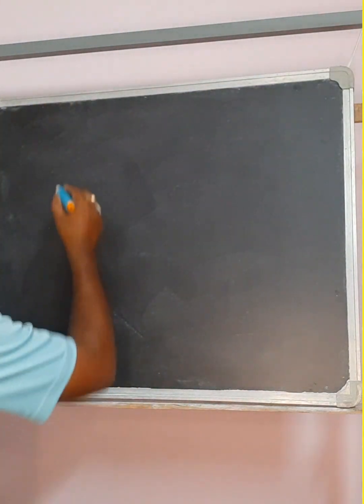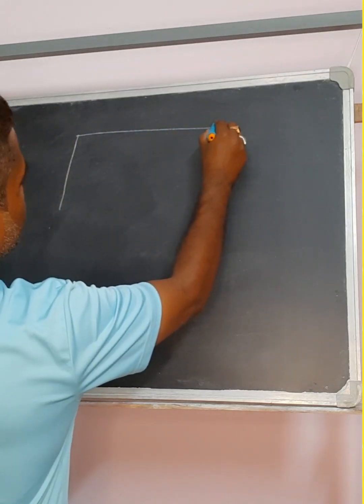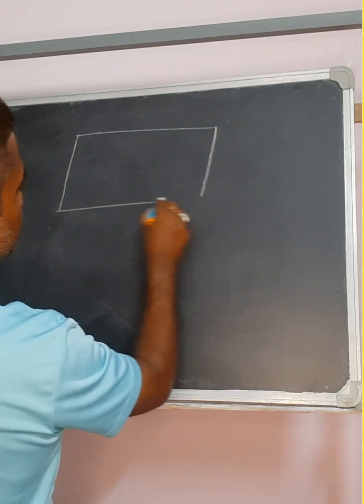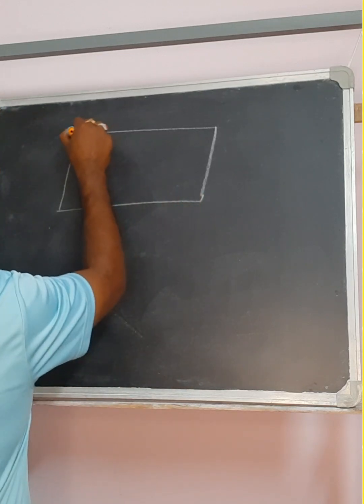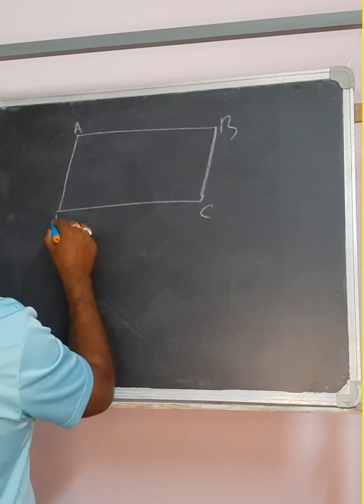So let's start with a new sum that is related to geometry, and it says a parallelogram ABCD.